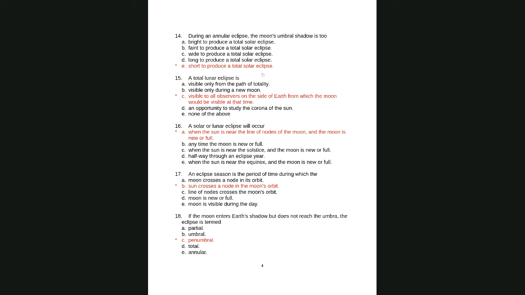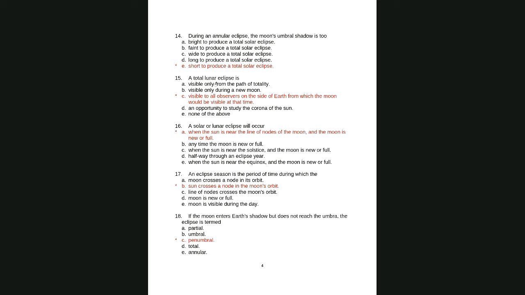So actually, when the moon is further from the Earth, then the size will be smaller. That means we say it is too short to produce a solar eclipse, and you get an annular eclipse in that case. And we discussed that in the last lecture.